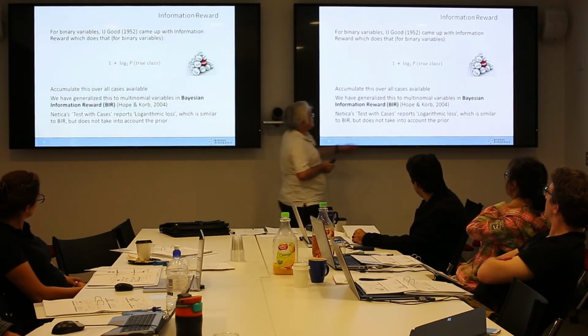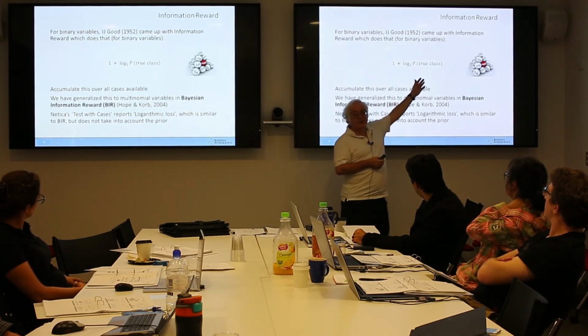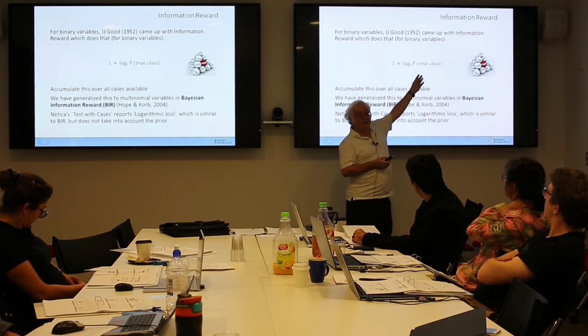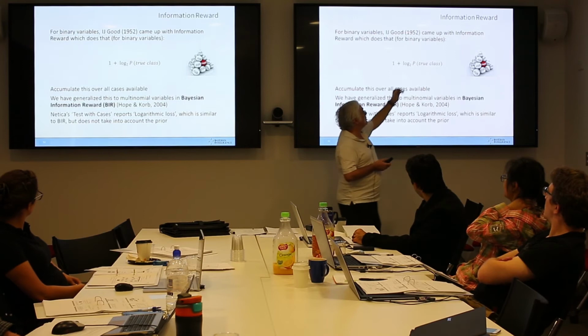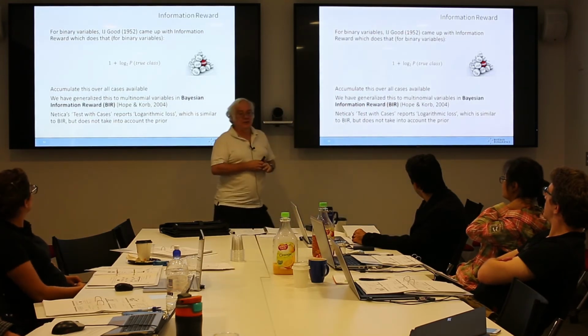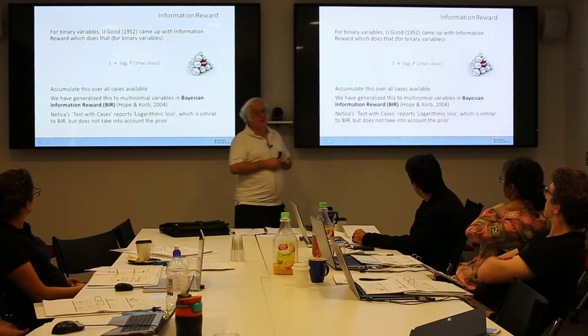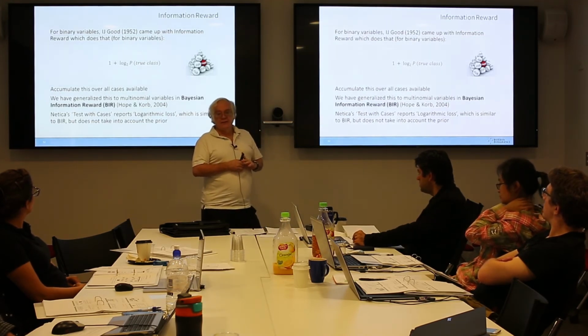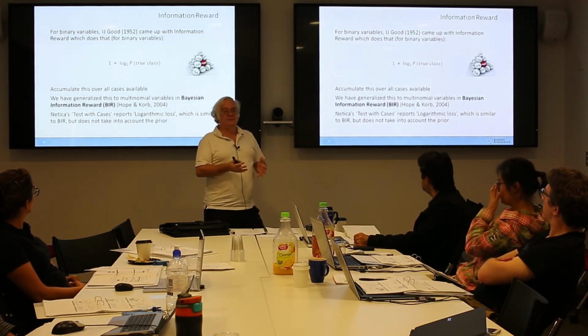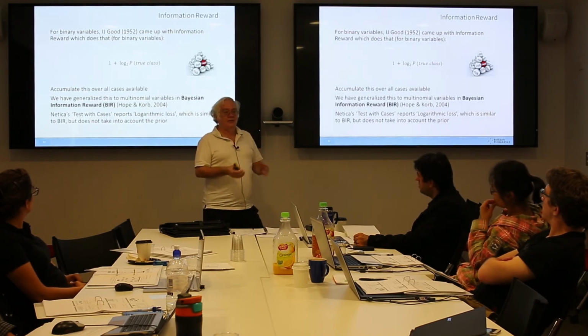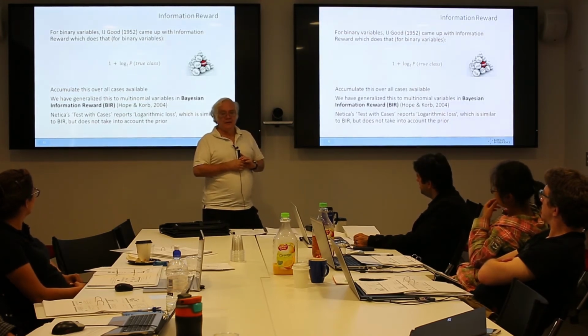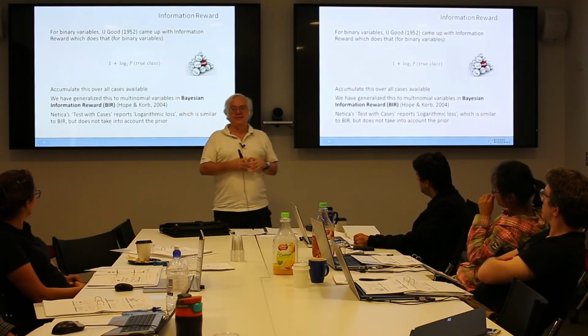And if you're completely confident in the true class, you'll maximize your score. Complete confidence in the true class being probability 1, then you're going to get a 1. And if you're completely confident in what's false, then you have a log of 0, which is negative infinity. So if you're absolutely certain and wrong, you go to hell and you can never escape. And that is the appropriate punishment.